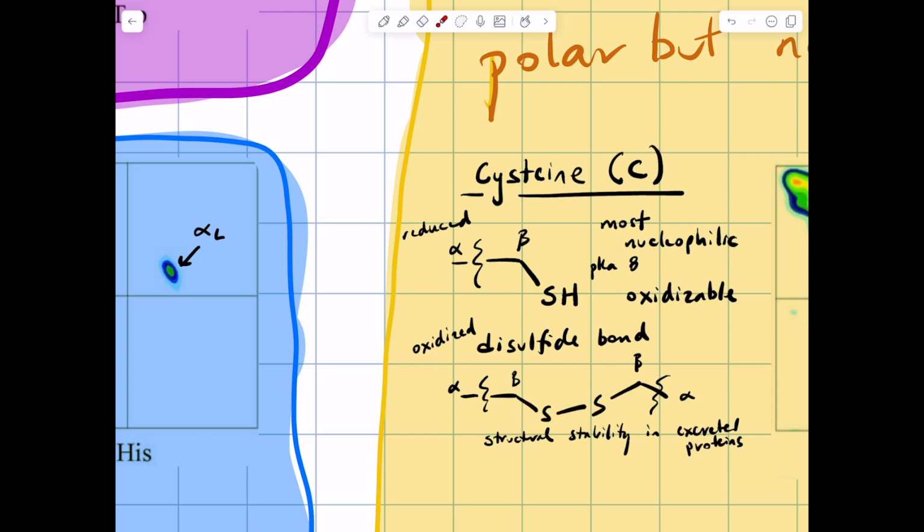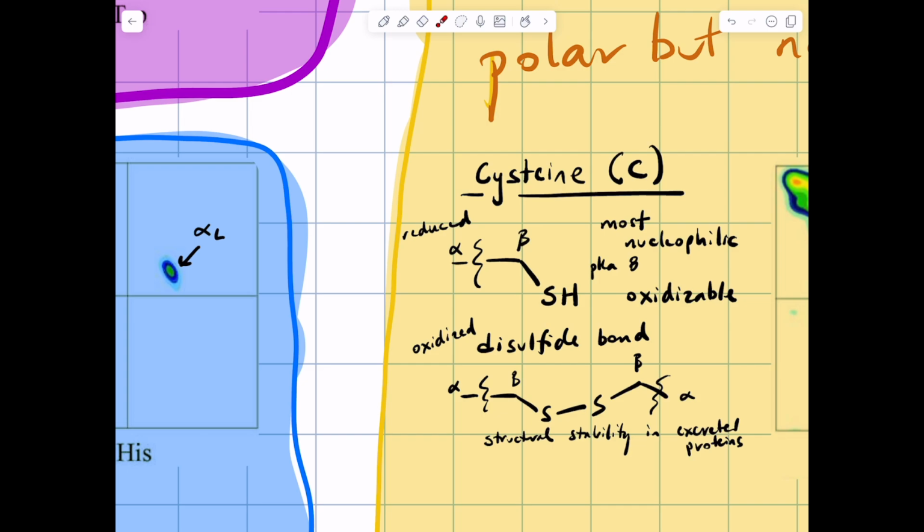It's the disulfide, and these are found all over the place in proteins for structural stability, especially in proteins that are secreted. Interestingly, the interior of the cell, the cytoplasm, is in a reducing environment, so there aren't any disulfides in the cytoplasm or in proteins that are inside the cell.